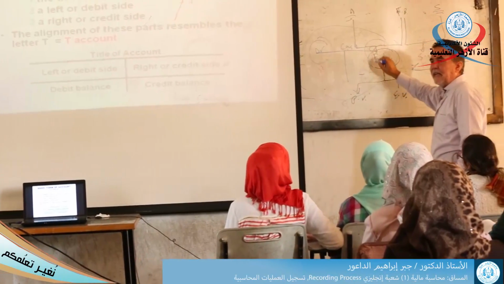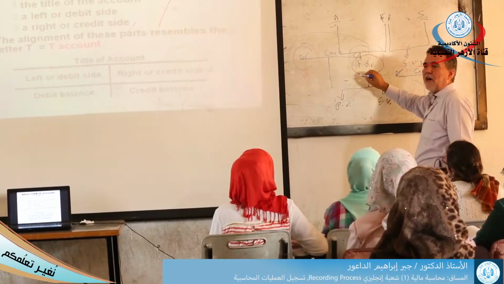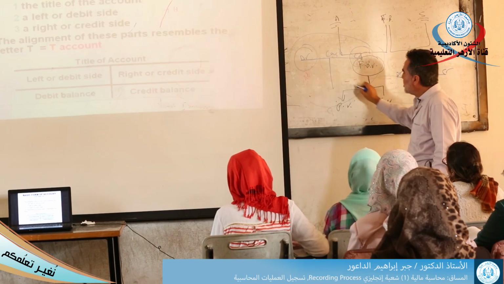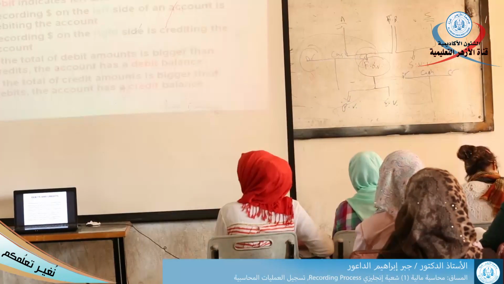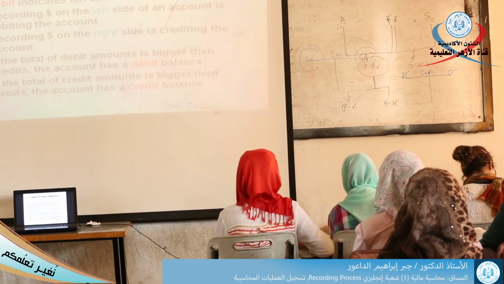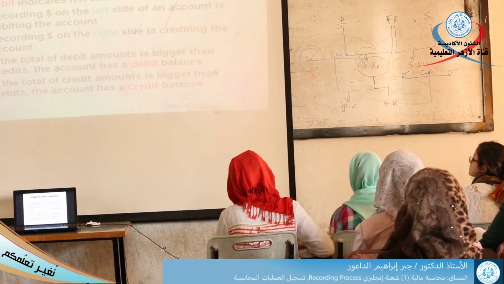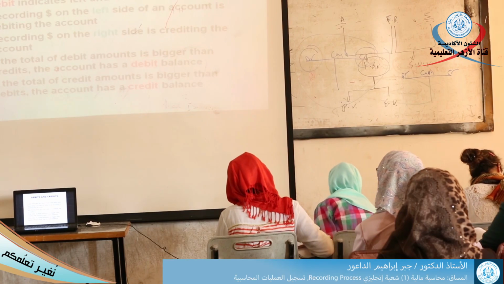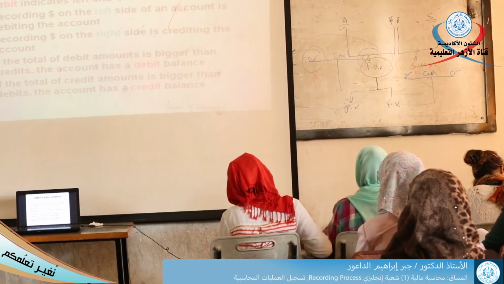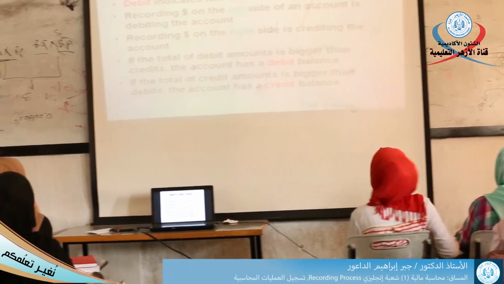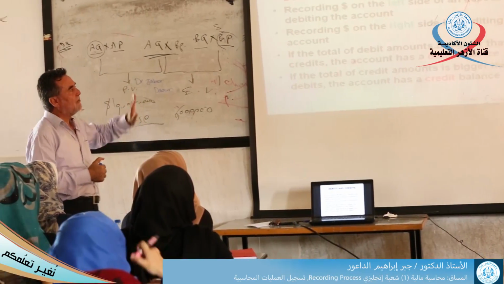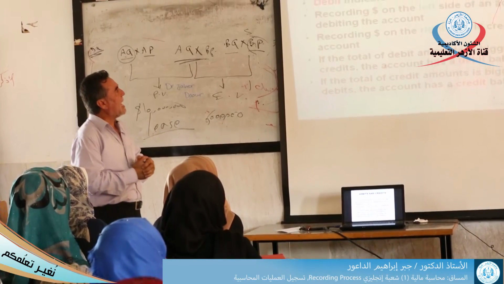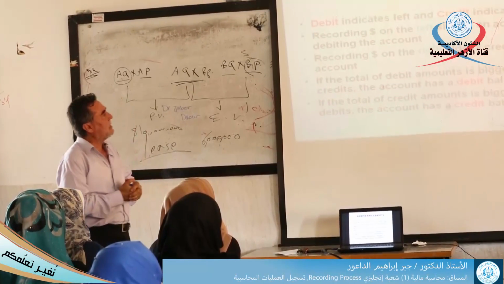This side CR is called the credit side, so the balance will be a credit. Debits and credits: debit indicates left and credit indicates right. It's simple, it's clear. Recording a dollar amount on the left side of an account is debiting the account.